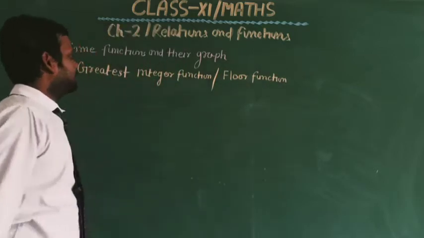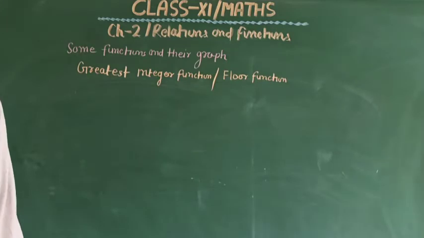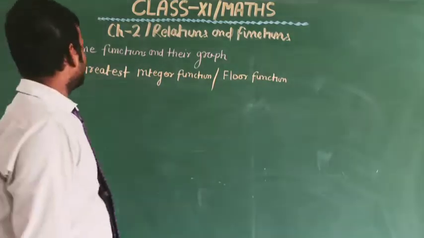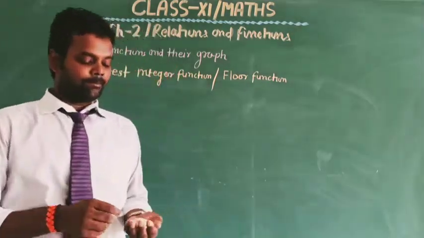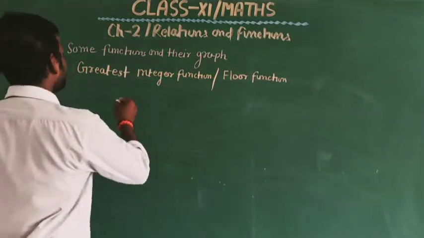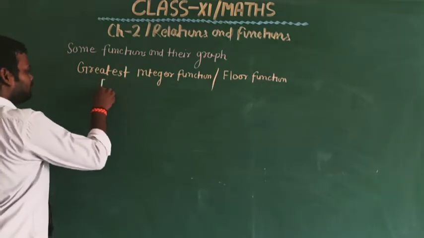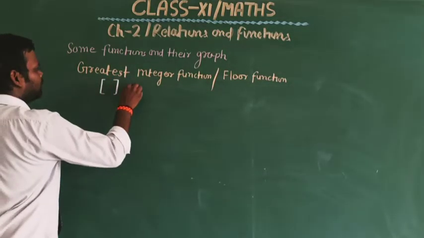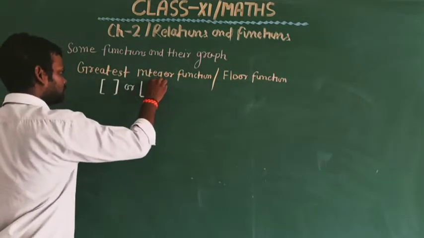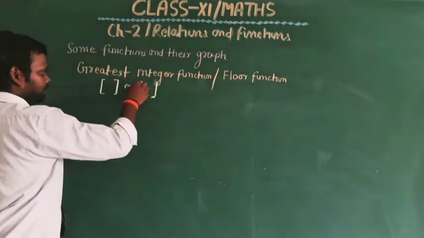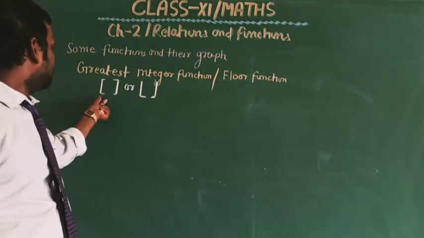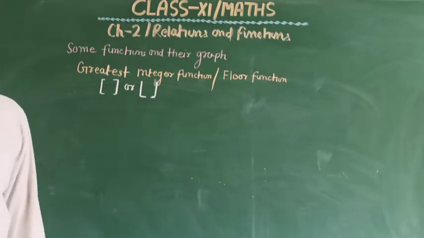So dear children, the greatest integer function or floor function is denoted by a square bracket or this symbol. Remember that the greatest integer function or floor function is denoted by this symbol.